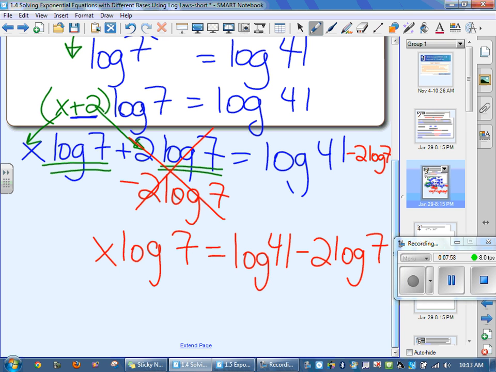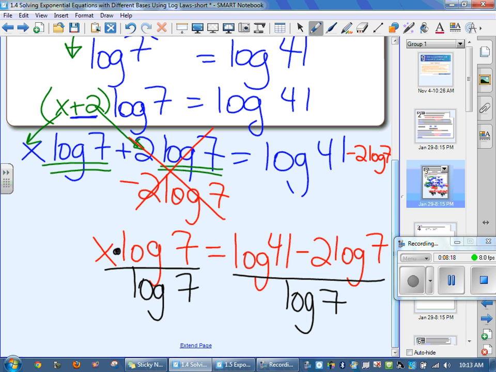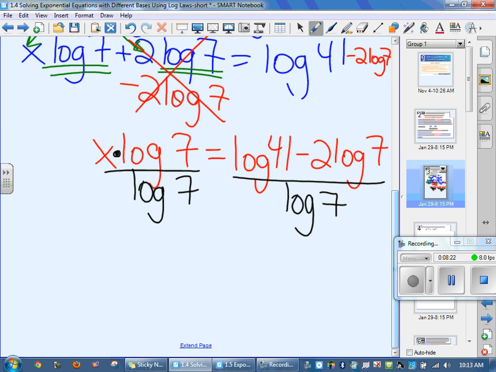Now I'm down to my last step, like it was before. x is sitting times side by log 7. So how do I get rid of log 7 beside x? You divide it out. Good. So we're going to divide out log 7 on both sides. So that's what x is going to give us as an answer. So that means I'm going to take the right-hand side and solve all that right-hand side.